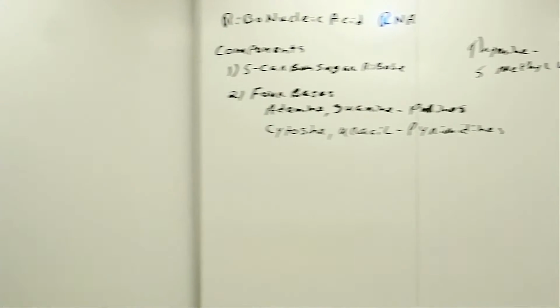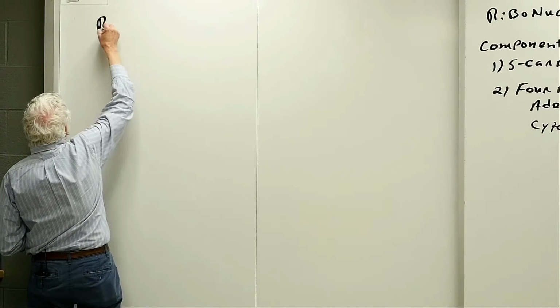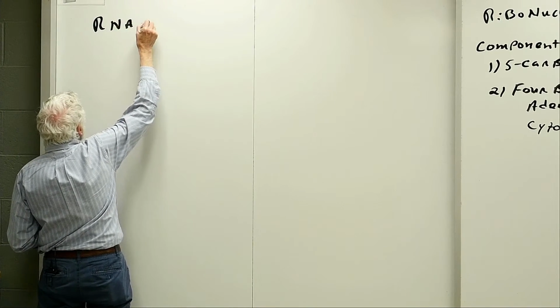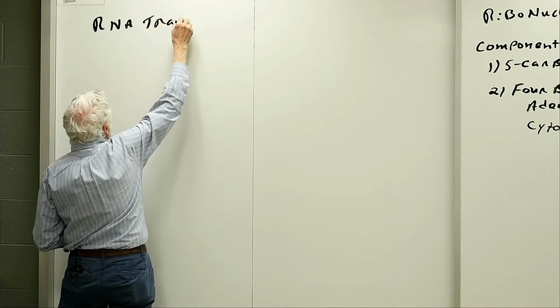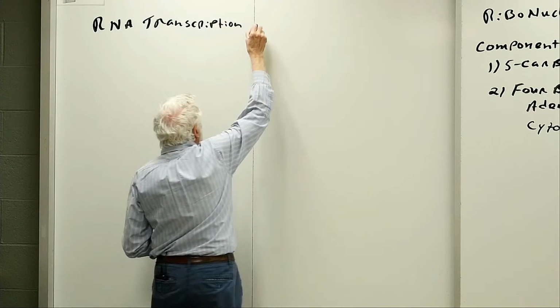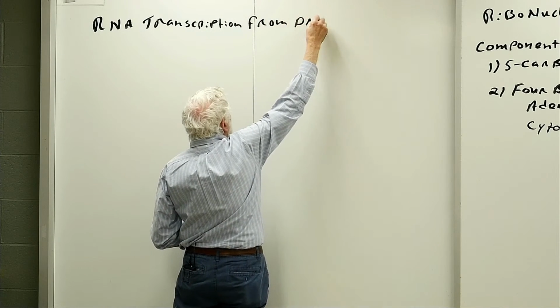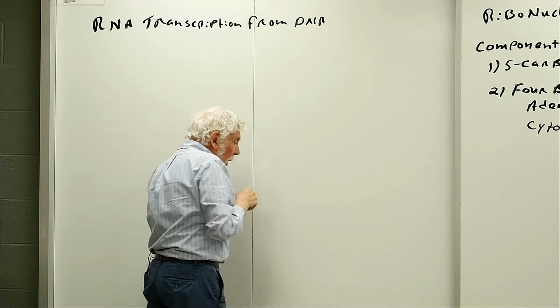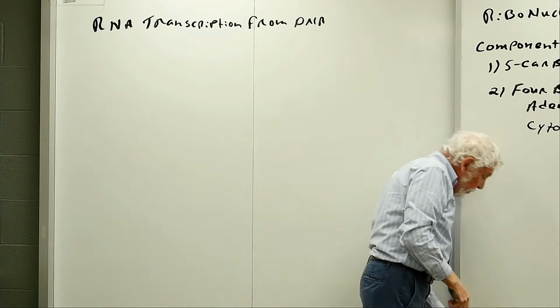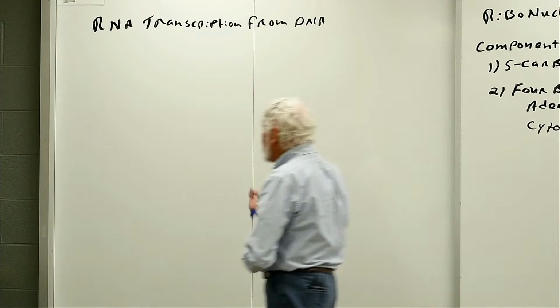And then over here let's begin talking about RNA transcription from DNA. I'm going to draw a DNA molecule up here, sort of a crude one like the one we had yesterday, just to remind you what we were talking about yesterday.